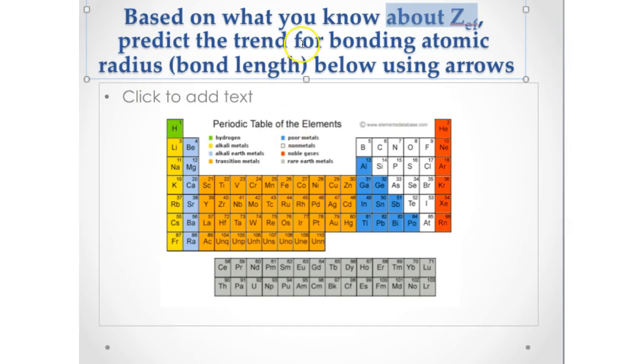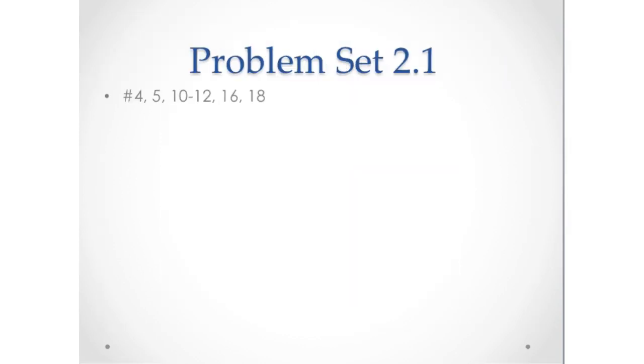So if they ever mention ranking something based on bond length, just think of it as the same as atomic radius. Think of it as the same thing as size, because the larger the atom is, the larger the radius is, the larger the distance between the nucleus and the outer electrons. And based on that, you guys could start problem set 2.1. Make sure you get those problems done.